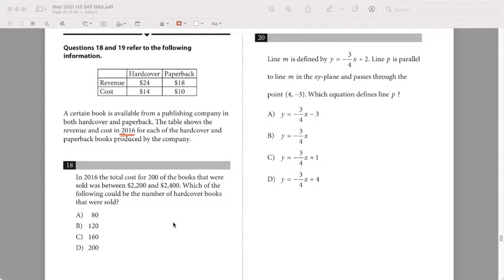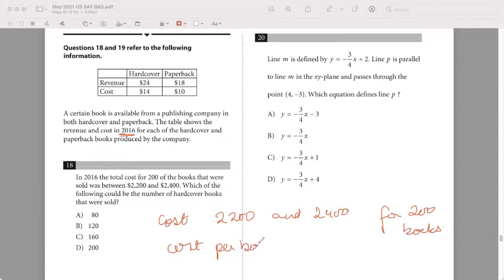Yeah, my cost was between 2,200 and 2,400 for 200 books. Okay, so what is the cost per book? As in, I've sold a total of 200 books.